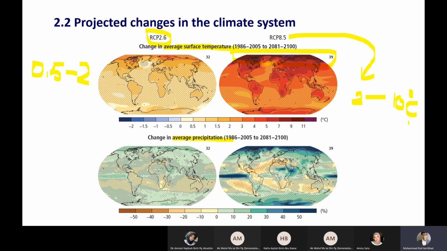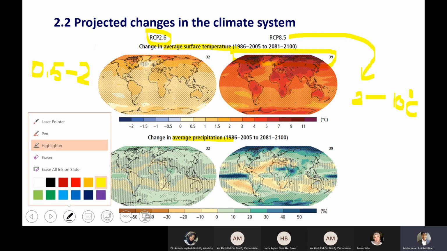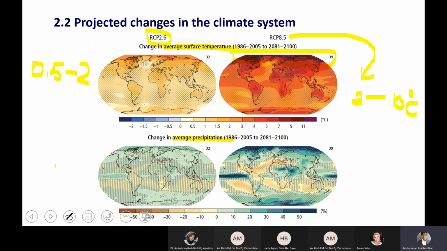I'll give you an illustration of why this phenomenon is scary. If your temperature goes up, then you will have water also high. So what does that mean?